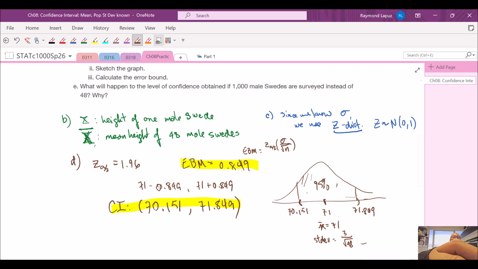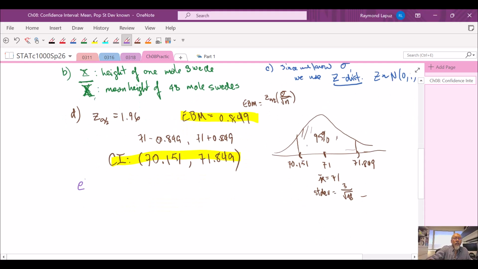So we had n equal to 48, and we got 1.96 times 3 divided by square root of 48.